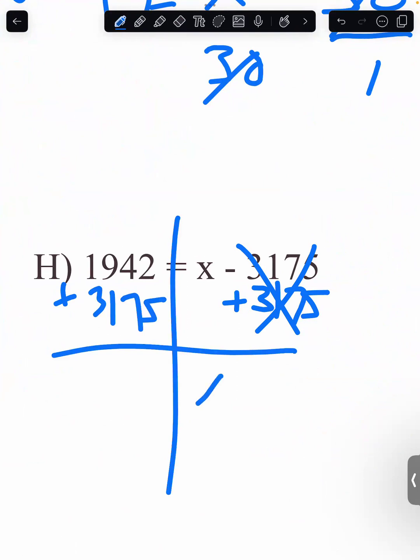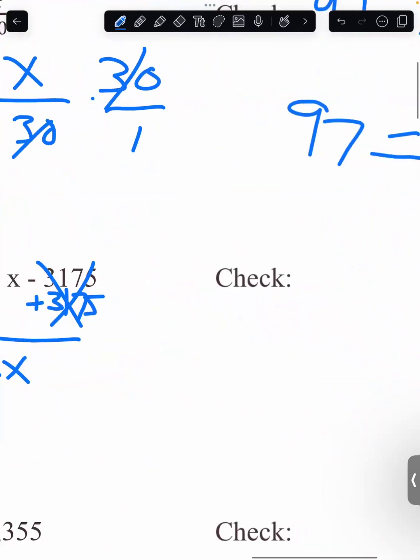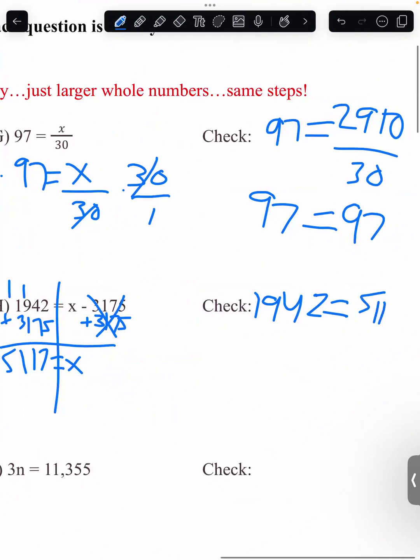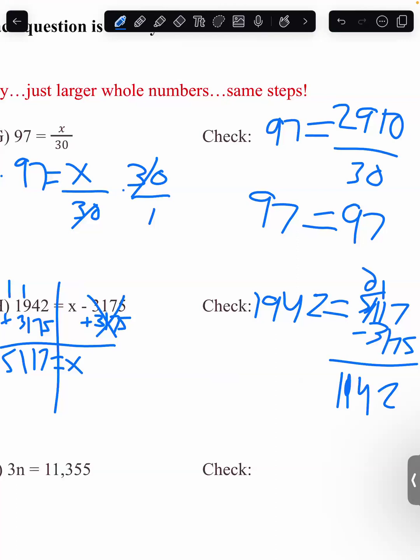Okay, so that gives us x equals 5117. So 1942 equals 5117 minus 3175. You could actually probably do it like that, which would be fine. So then 0, 11 minus 7 is 4. And so that's 1942, which equals 1942. Perfect.